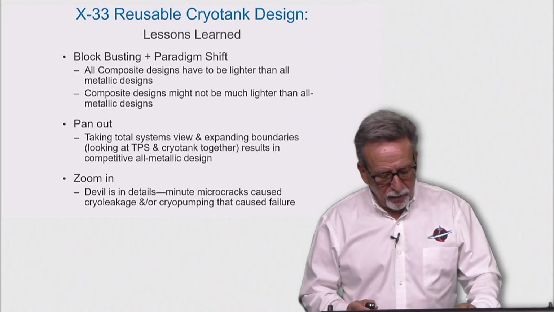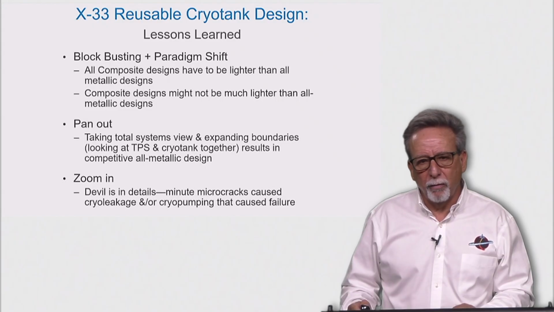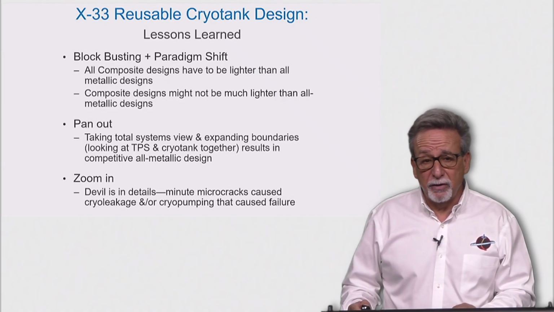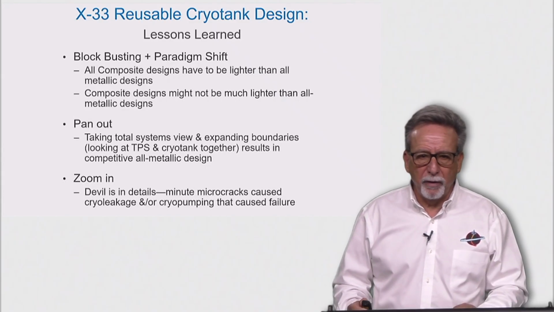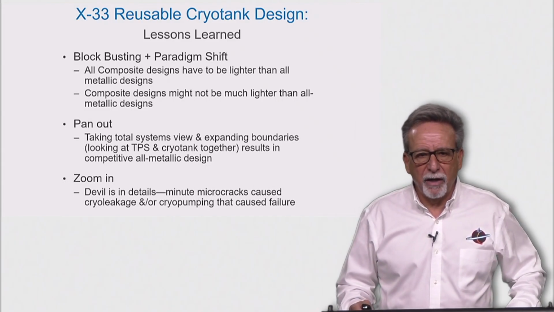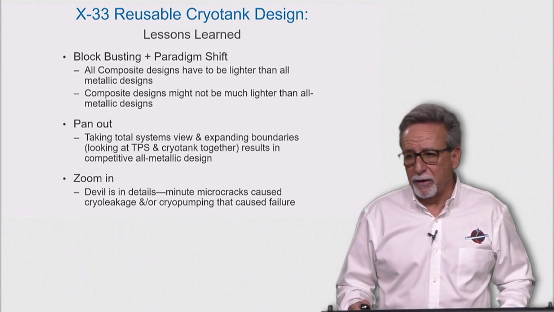However, if we open up our design space and pan out to include not only the cryotank but also the thermal protection system involved in this system, it is easy to see that we can arrive at an optimum design of a metallic tank which may be just as light or very close to the weight of a composite cryotank. We also need to remember to zoom in to address all potential failure mechanisms in a building block fashion, just like the potential honeycomb leakage and cryotank pumping problem of the X-33 tank.